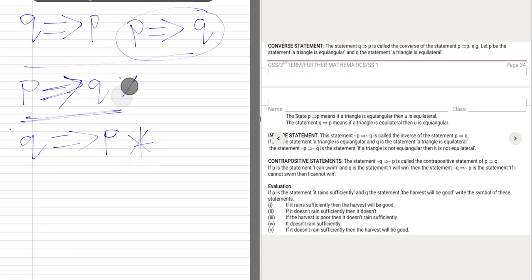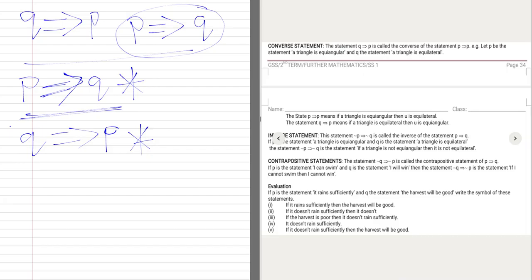This one is saying that if a triangle is equiangular, then it is equilateral. Are you seeing that now? So that is what converse means. That's the general idea of what we have been trying to say. All right.